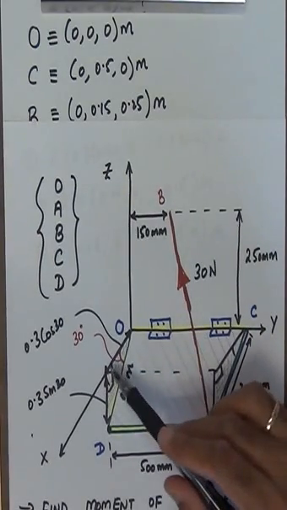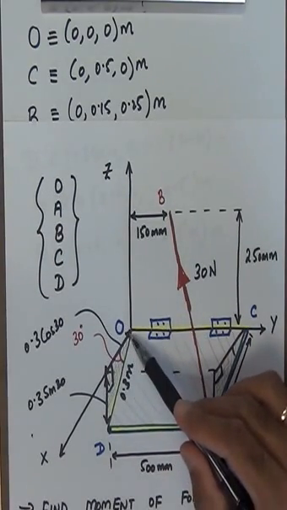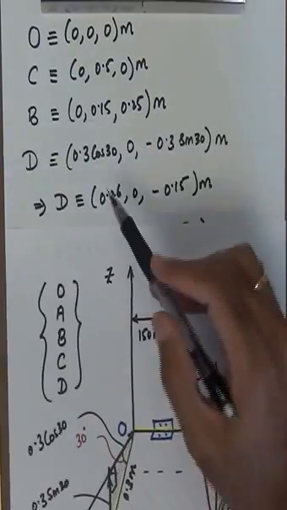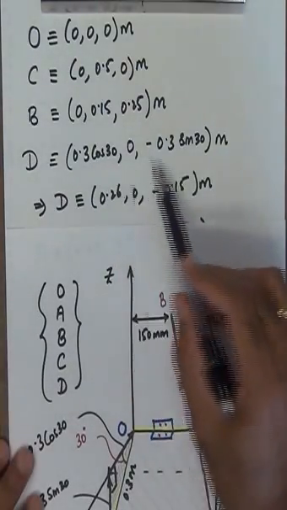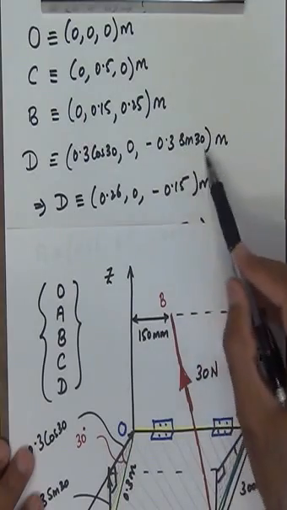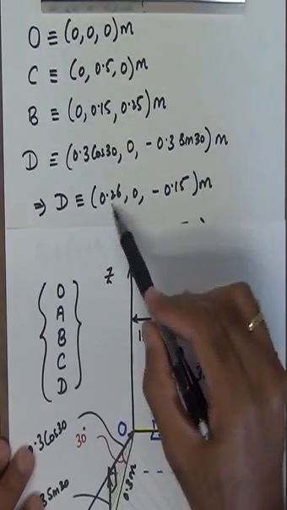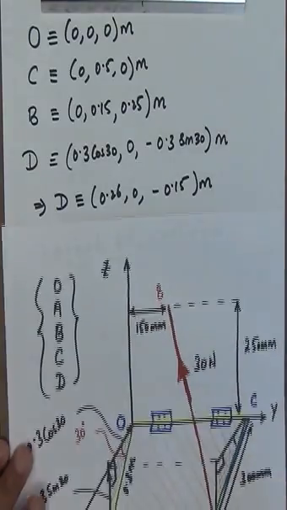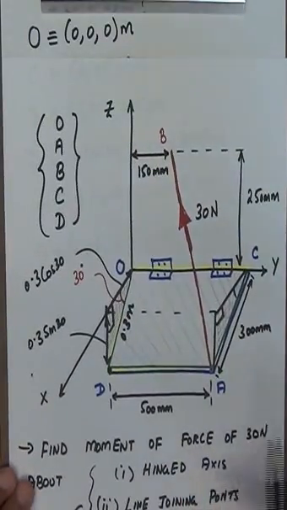And the coordinates are 0.3 cosine 30 along positive x and 0.3 sine 30 along the negative z, and that's what we have written here. 0.3 cosine 30, 0, and minus 0.3 sine 30, or we simplify this and write this as 0.26, 0 and minus 0.15 meters.